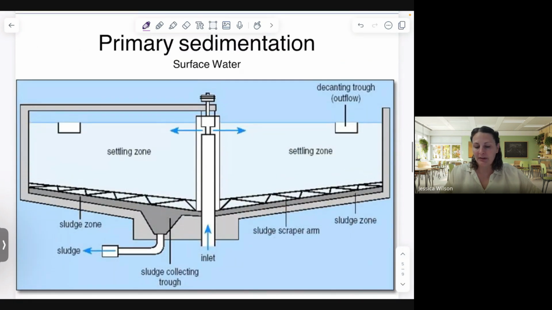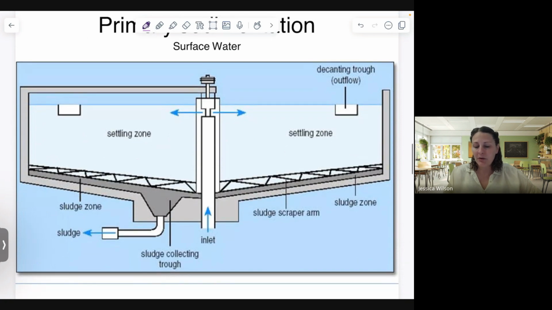So primary sedimentation is usually used when you have water that has a lot of turbidity in it, okay? And you have a lot of solids that might be entering your treatment plant. So a primary settling tank, these can be circular or rectangular. And how they work is the water comes in, typically, if you're talking about a circular tank, through the center and is distributed through the entire surface area of our settling tank.